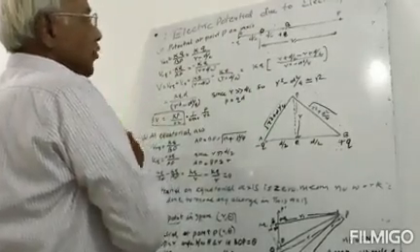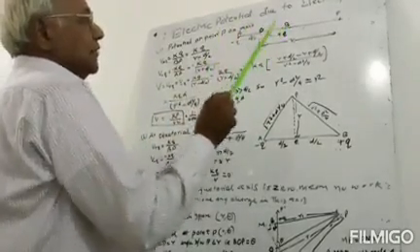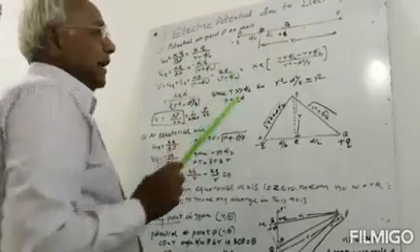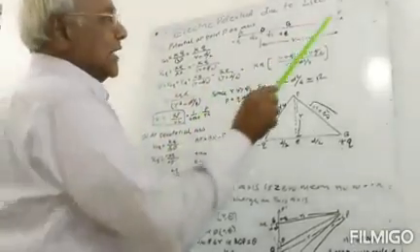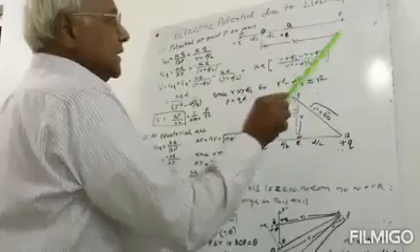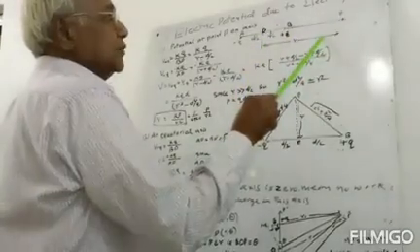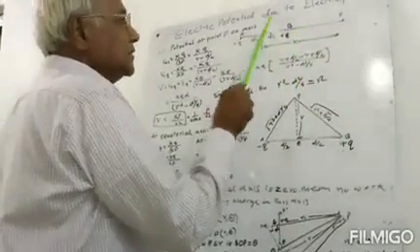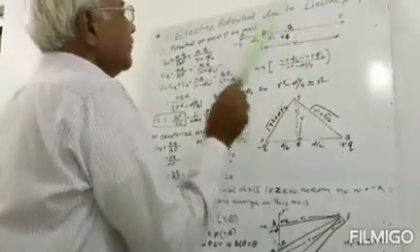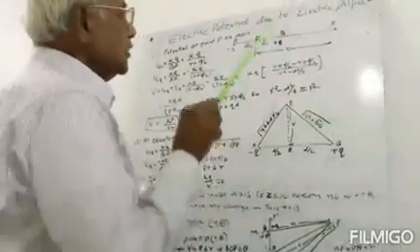Then AO is equal to OB, which is equal to d by 2. We have to find the electrical potential at any point P, which is at a distance r from its center.